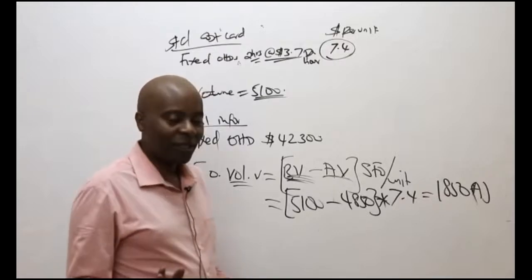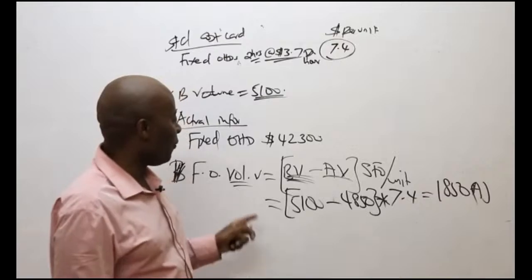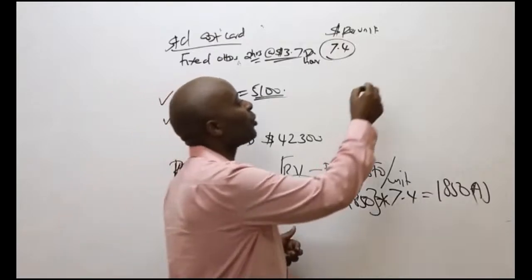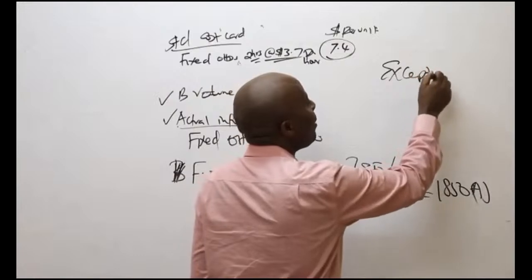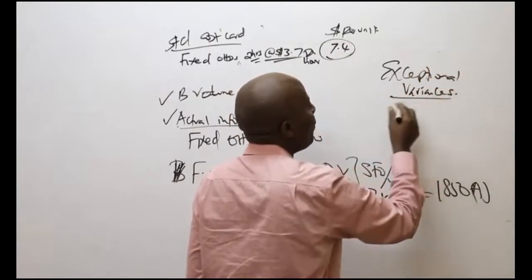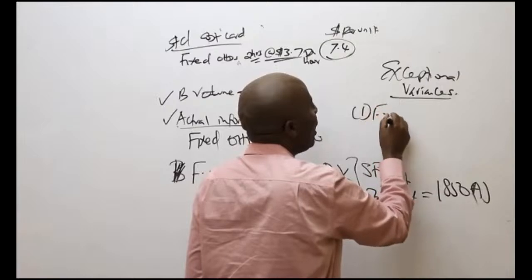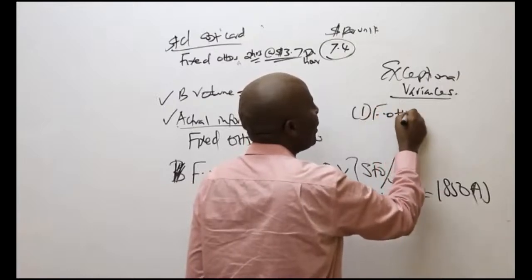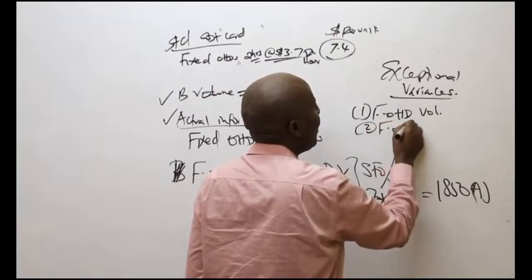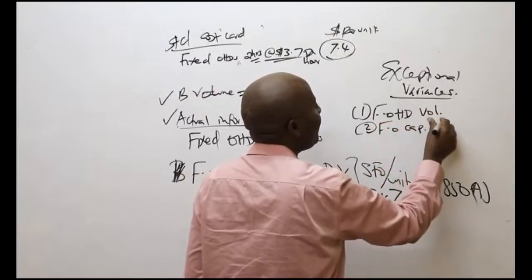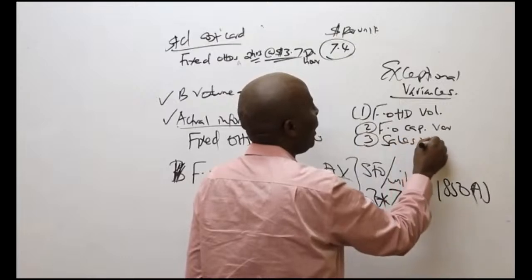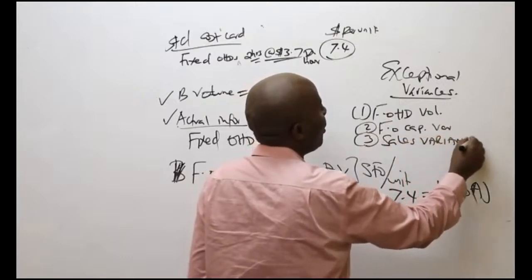That is wrong. Why? Because fixed overhead volume variance is an exceptional variance. If you can remember the exceptional variances, we have number one, fixed overhead volume. Number two, fixed overhead capacity variance. And then number three, all sales variances.